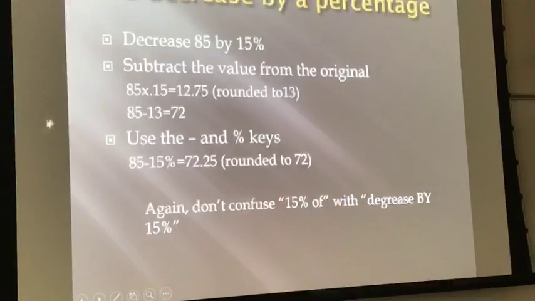So if you're using your calculator, and you can use those basic function calculators, then use the same thing. So 85 minus 15% is going to give you 72.25. So rounded to 72. So don't confuse 15% of with decrease by 15% either. Your 15% of is your 12.75. Your decrease by is going to be your 72.25 or 72.